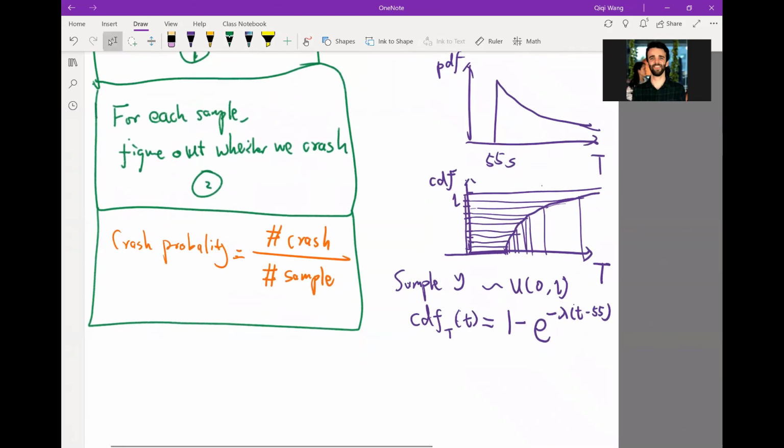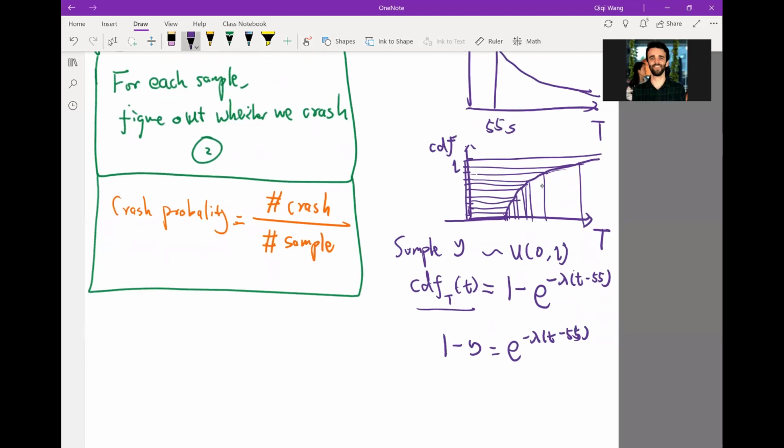So if this is y, then 1 minus y is going to be exponential of minus lambda times (t minus 55). And my t is then going to be 55 plus something.